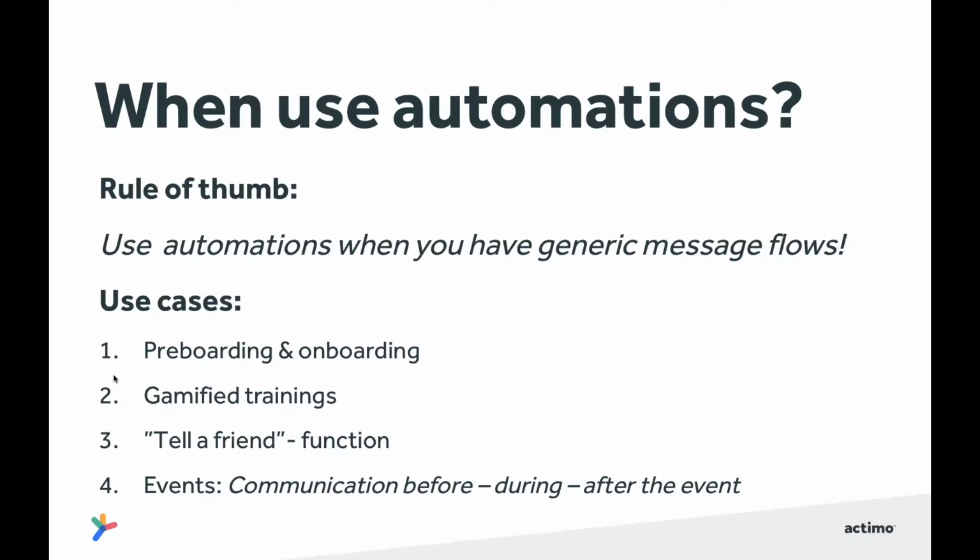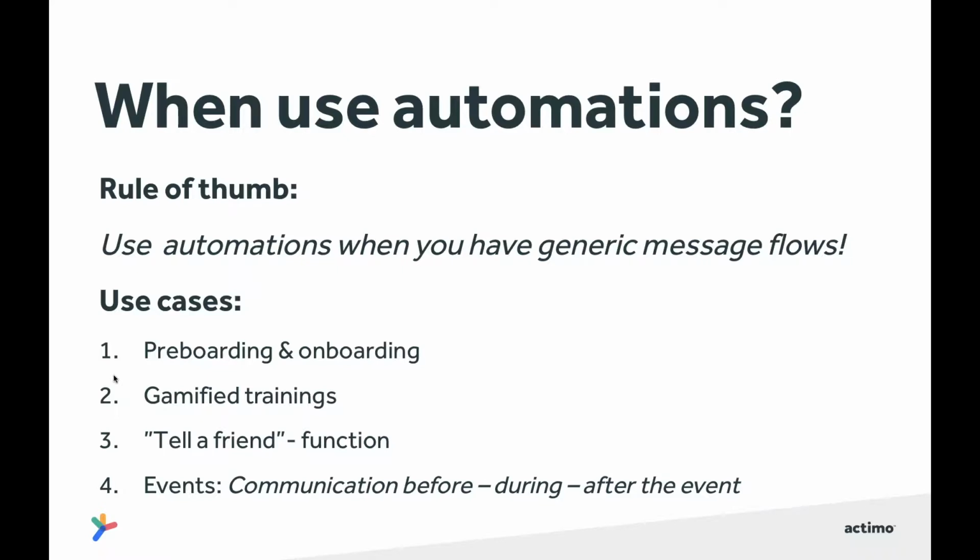The fourth use case I would emphasize is events. This is often where we see automations being used. So imagine you're having an event and you would like to send several messages to your audience before the event. This could be practical information or how to get there.